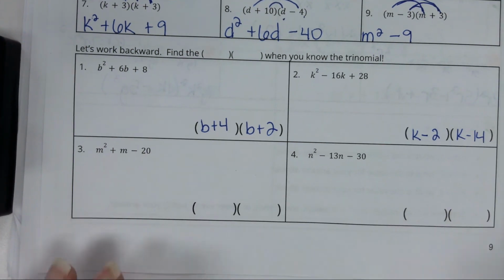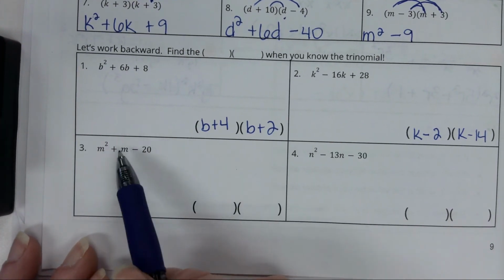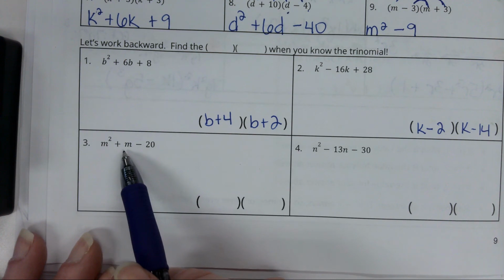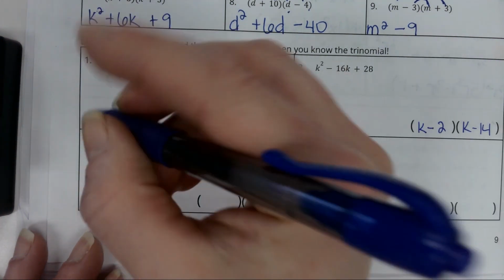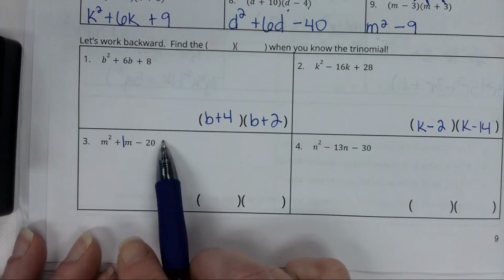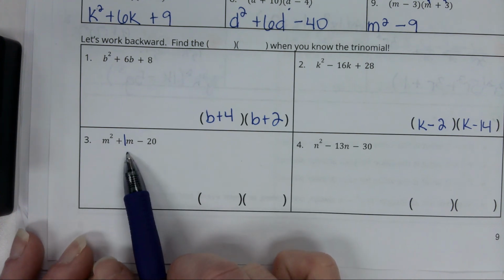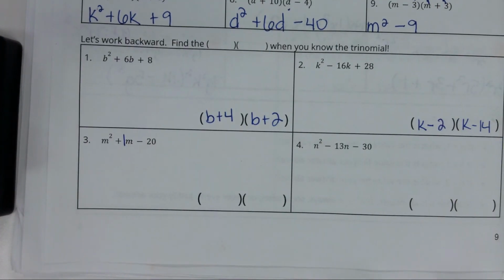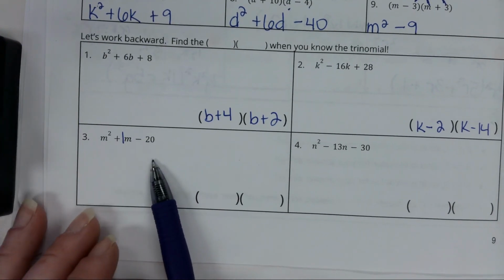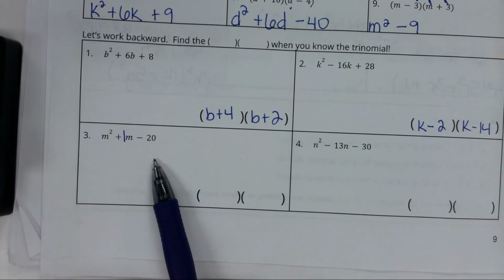A lot of k's. All right. If there's no number here, really, what's here? 1. So are there any things that multiply to be negative 20 and add up to be 1? At first it doesn't look like it, but it multiplies to be negative 20, which means one has to be positive and one has to be negative.